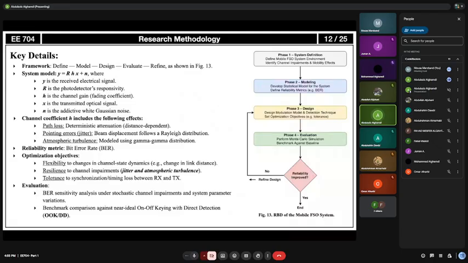For the evaluation, we performed a bit error rate sensitivity analysis under stochastic channel impairments and system parameter variations. Then we benchmarked against near-ideal on-off keying modulation with direct detection as a baseline to compare against.